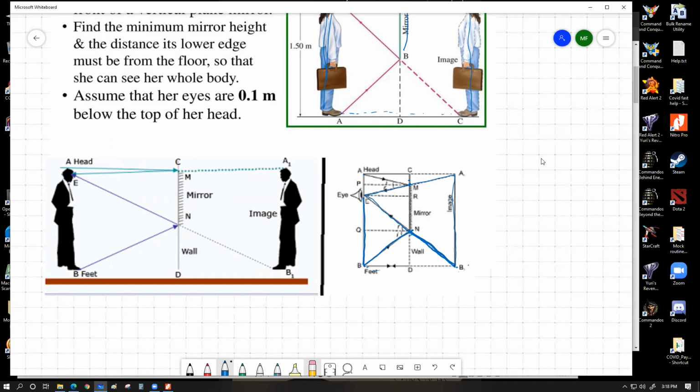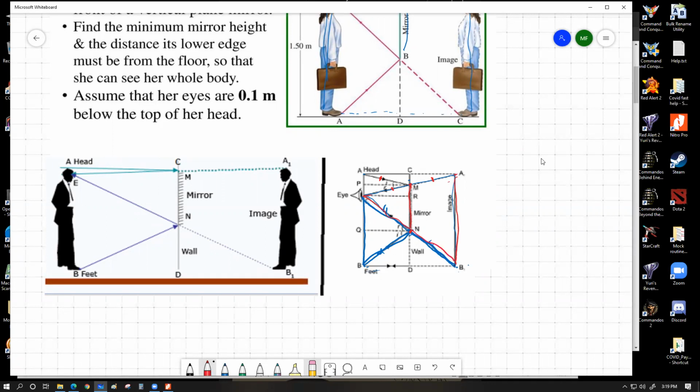Similarly, within this side, these two arm lengths are also equal. So these three sides are exactly equal. And if I label by a different color, these three sides are also exactly equal. So within this triangle, M is the midpoint of arm AC, I is the image position, and N is the midpoint over here, which by geometry proves that MN should be half of the length AB.